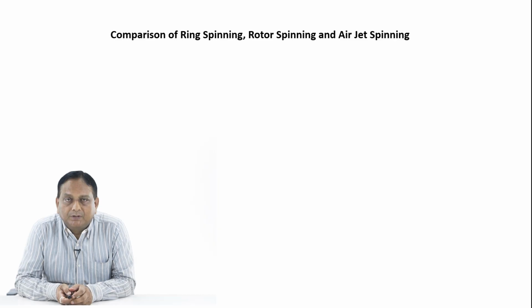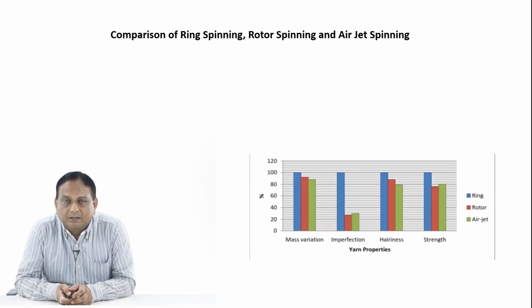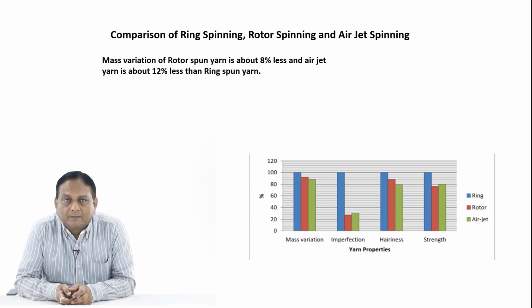Now, in the comparison between ring, rotor and air jet spinning, different other properties are also compared here: how the mass variations, imperfections, hairiness and strength lie. Mass variation of rotor spun yarn is about 8% less and air jet yarn is about 12% less than the ring spun yarn.